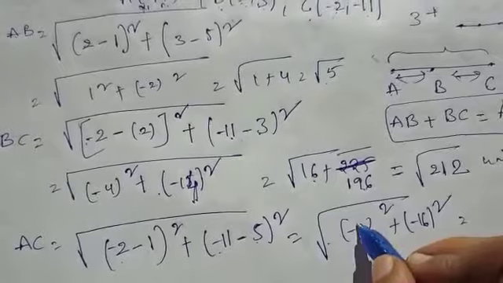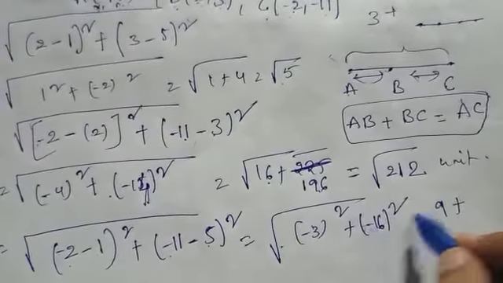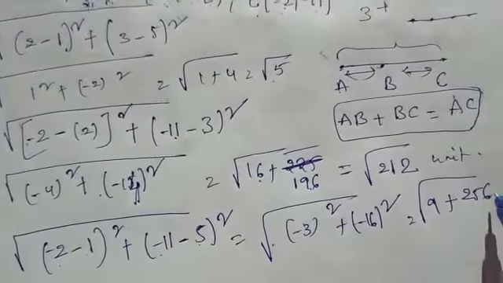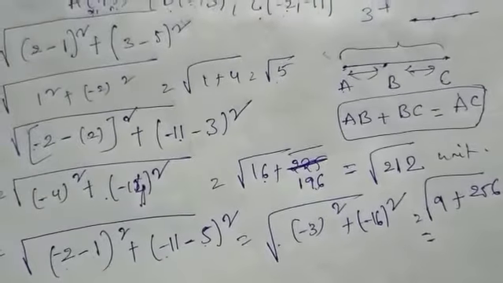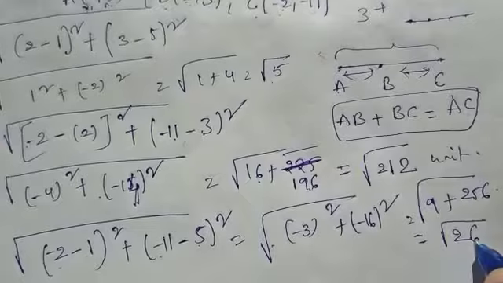Minus 3 whole square is 9, plus 16 whole square is 256, which is equal to 265.